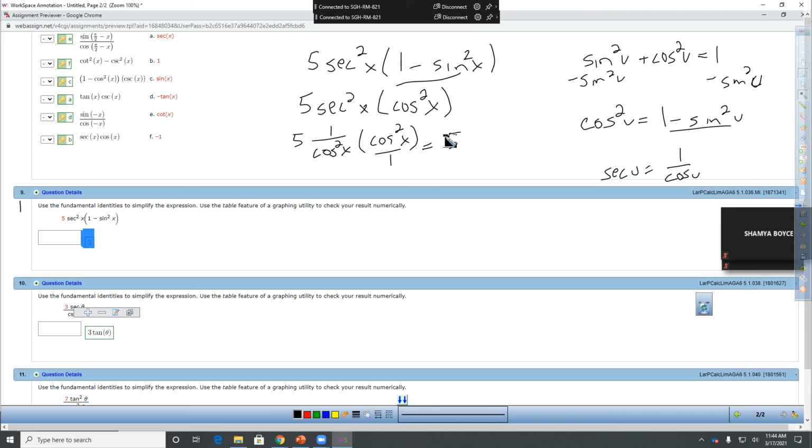And then notice that's going to be 5. If I multiply these fractions together, I'm going to get cosine squared of x over cosine squared of x, which we know cancels, and I end up with 5. So this is how they ended up getting this simplifies to 5.